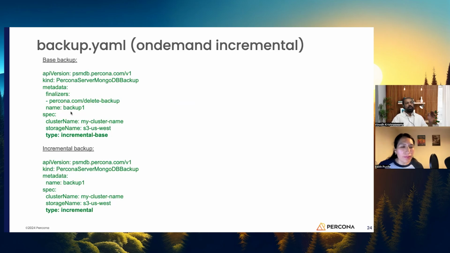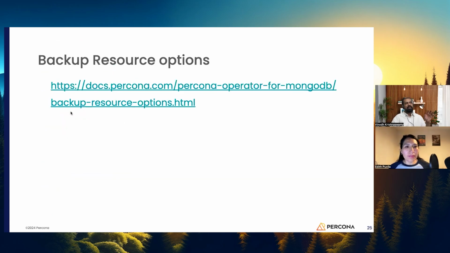You can also change these parameters, for example this particular cluster name and storage name. If you want to know what those parameters are and the details, you can refer to the documentation. I'm giving you the link here. You can go through the documentation for more details, and if you want to add more parameters, you can add them as well.